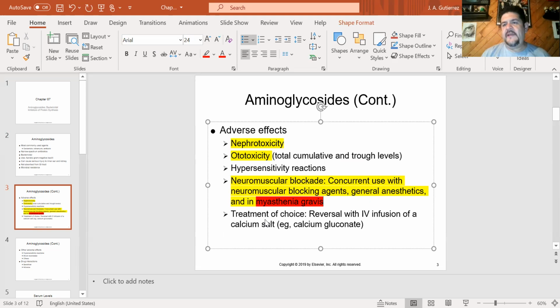So overall, any condition where the patient is having some type of muscle paralysis and a flaccid condition, aminoglycosides are not advised.